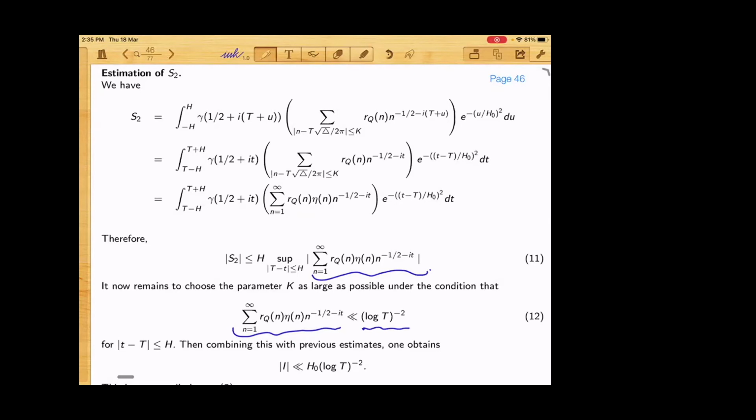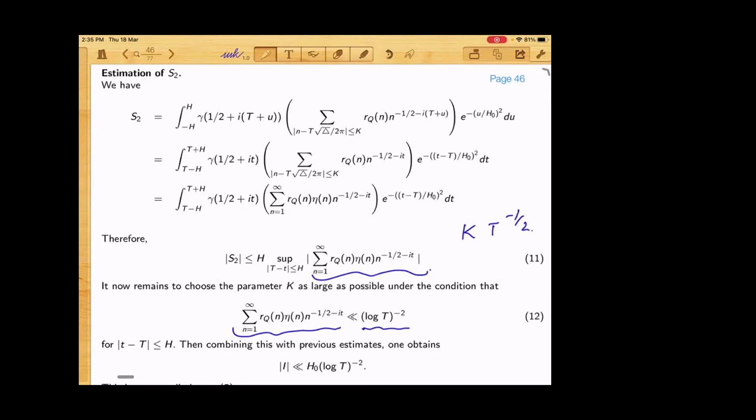So the length of the interval is k, and our n is around capital T. So n to the power minus half is t to the power minus half.